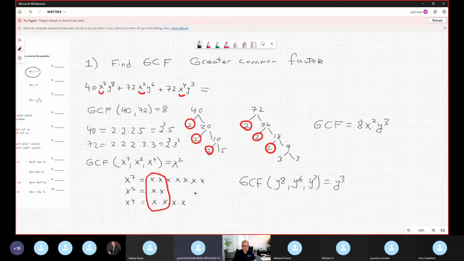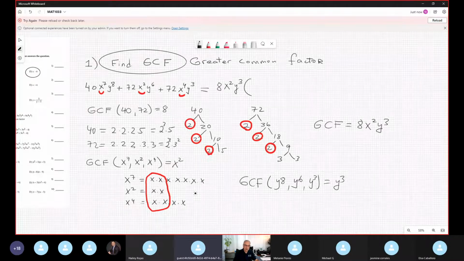Now, it's a super important moment. When you determine the GCF, you factor out this GCF. You put 8x squared y cubed. You open a new parenthesis. And inside the new parenthesis, I copy the remainder part when you put outside the greatest common factor.